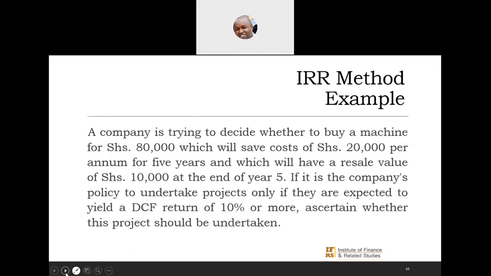What we do is to compute NPV first using 10%. And depending on the value that we get for NPV using 10%, if we get a positive value, we try a higher figure than 10%.